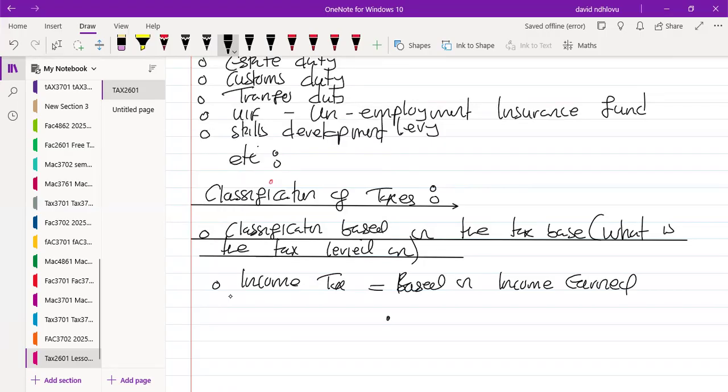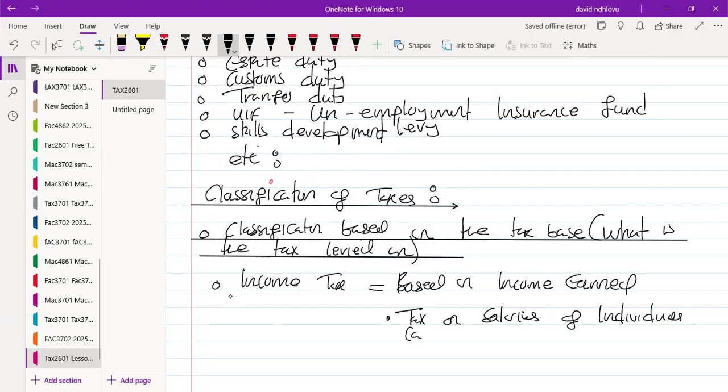Whenever you earn income, then you are going to be charged a tax. Right. Examples include tax on salaries of individuals.